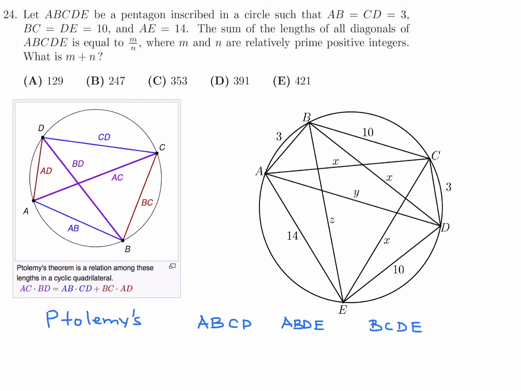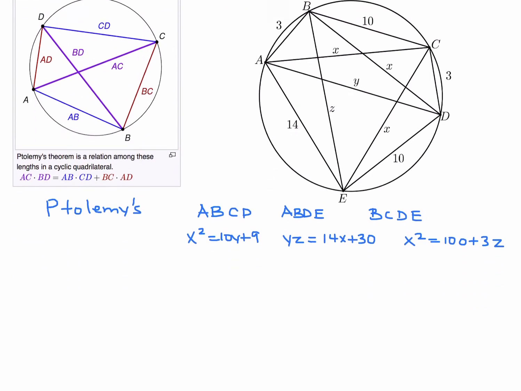On the first one, using Ptolemy's, I get x squared is equal to 10y plus 9. On the second one, I get yz is equal to 14x plus 30. And on the third one, I get x squared is equal to 100 plus 3z. These are the ones that we're going to work with.